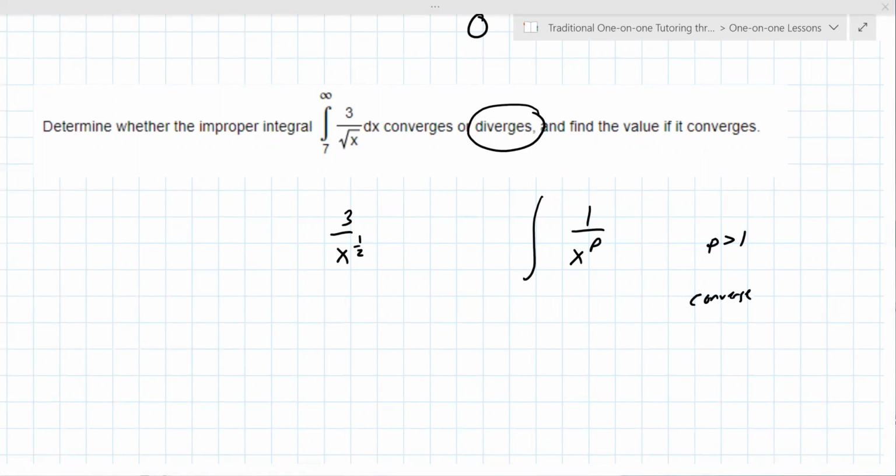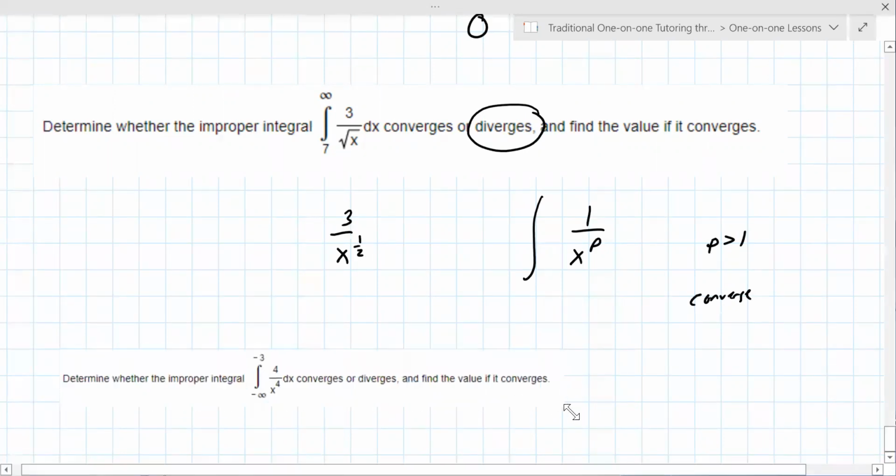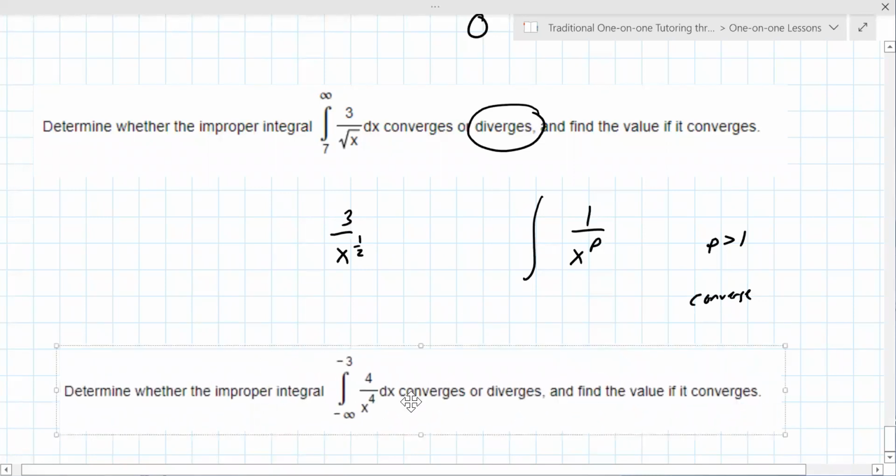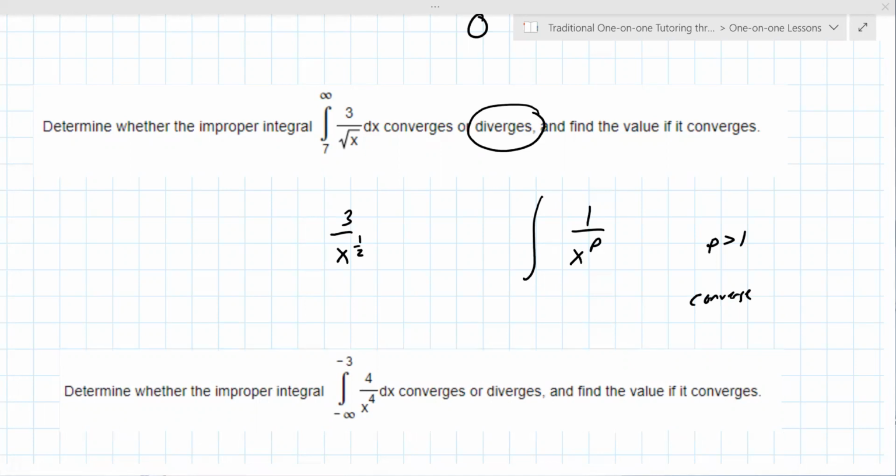All right. The next one here, I'm going to go right to a calculator for this one. I believe this one also diverges because we're going in the wrong direction, but the calculator will tell me that as well. So we got 4 over x to the 4th from minus n to 3.